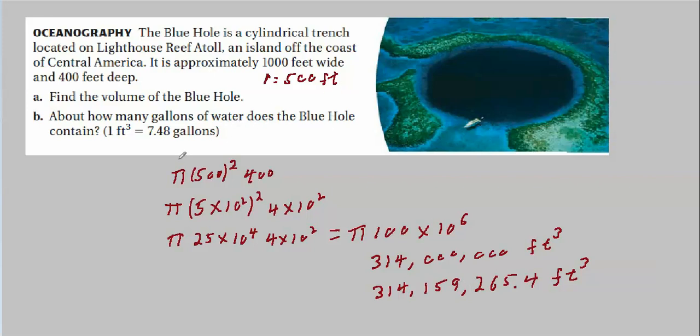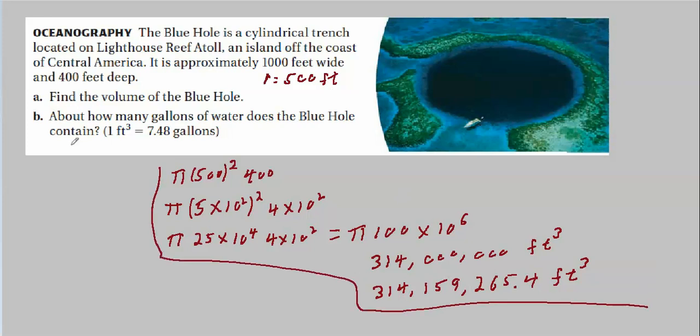Now let's separate this. This is going to be a real simple equation here. We just need the volume. I'm just going to write it as V. It's either one of these great big numbers here, times 7.48. That'll give us the number of gallons.